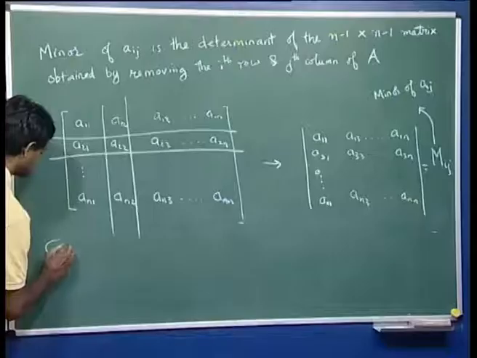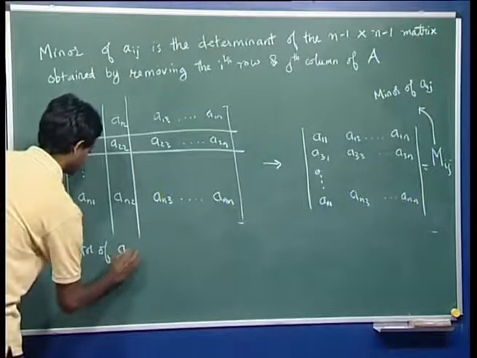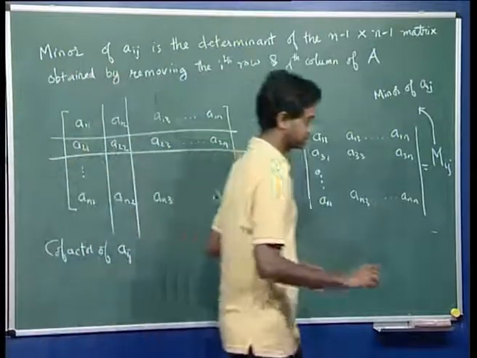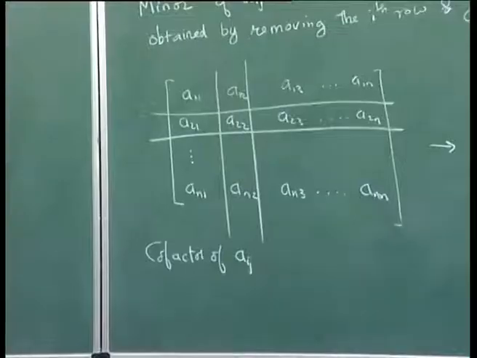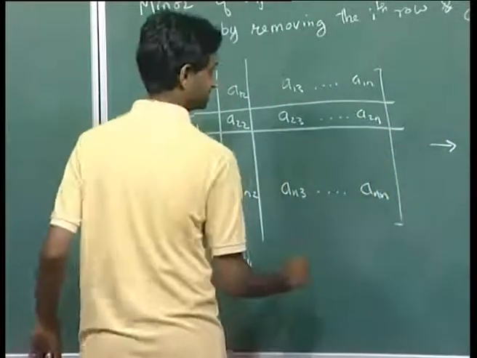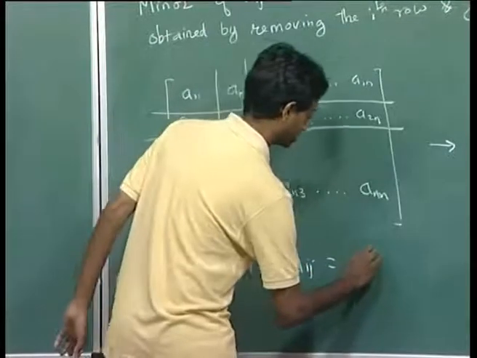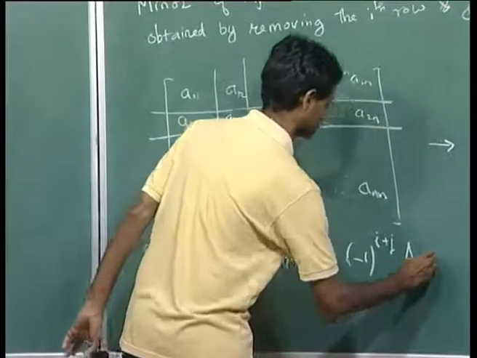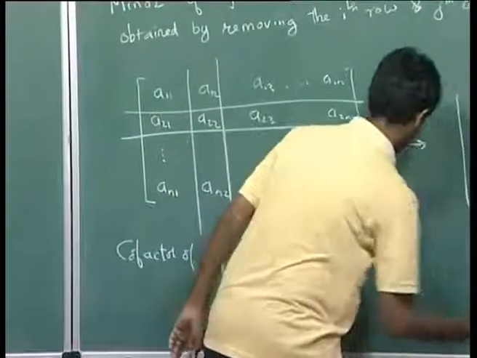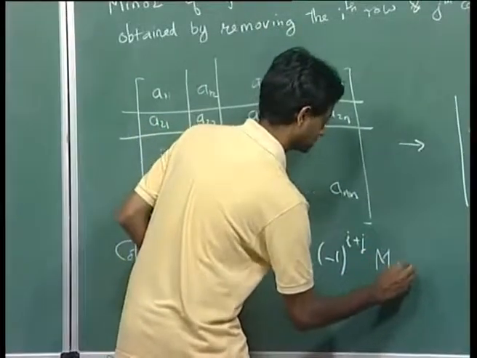So, the cofactor of Aij is denoted by capital Aij, and this is equal to minus 1 raised to i plus j times Mij.